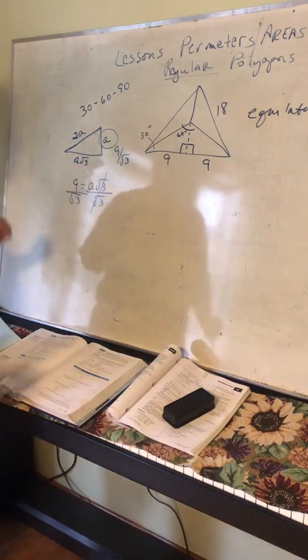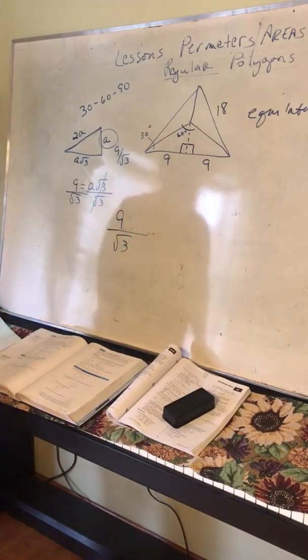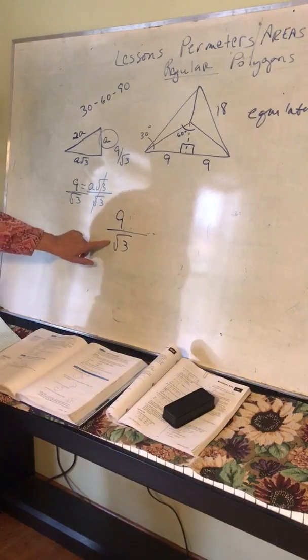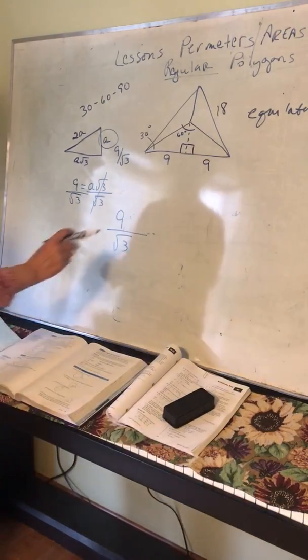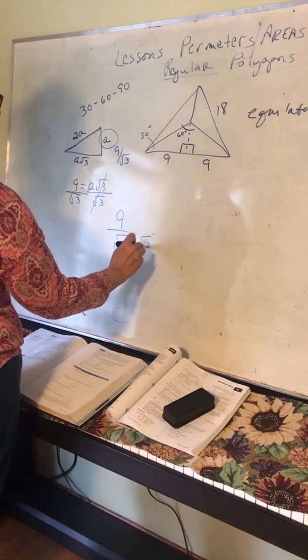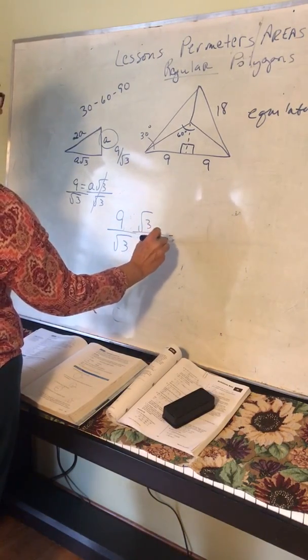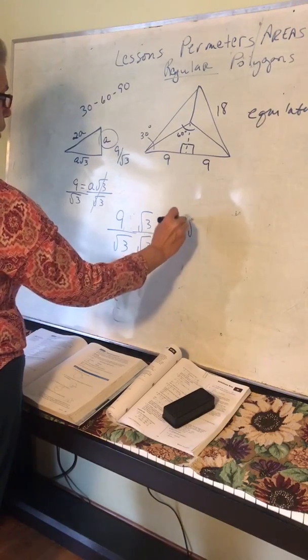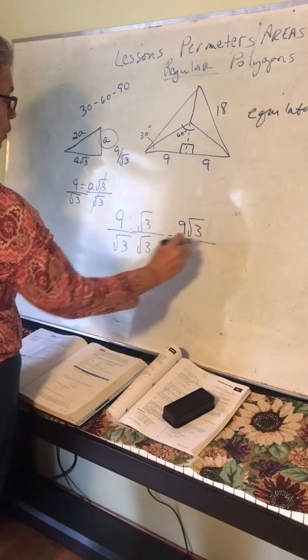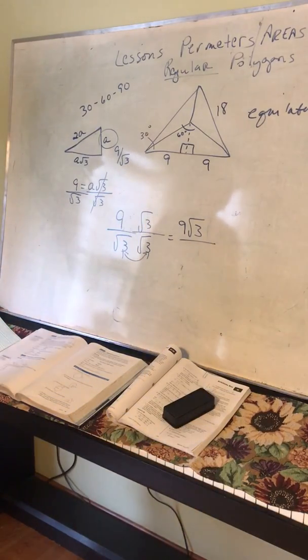We have to simplify this because we can't leave the square root of 3 on the bottom. That's not correct. The way we do that in algebra is we multiply the top times the square root of 3 and the bottom times the square root of 3, and we end up with 9 square root of 3 over, these two multiply and become 3, don't they?